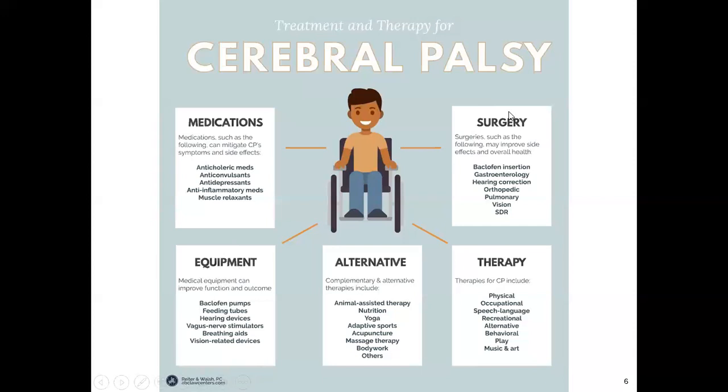Okay, it is called baclofen insertion or gastroenterology or hearing correction, orthopedics or pulmonary, vision correction. Okay. As an alternative, sometimes animal-assisted therapy, nutrition, yoga, adaptive sports can help.